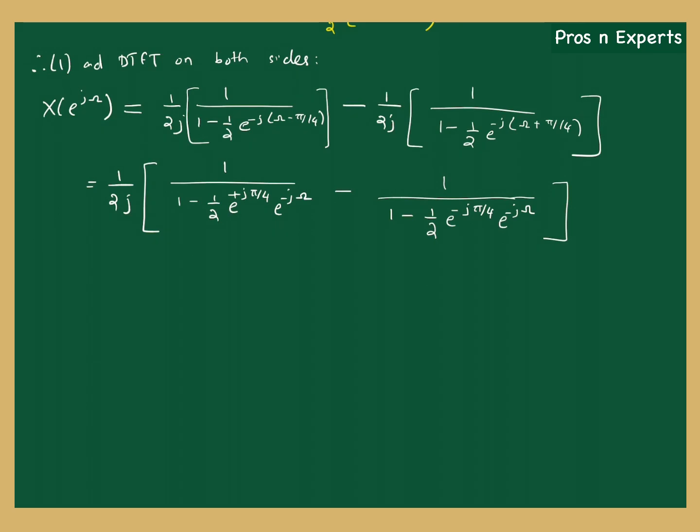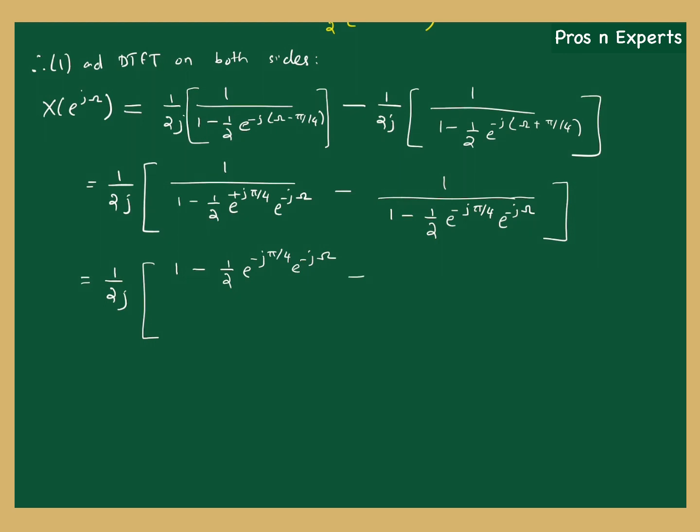Okay, now let us take the LCM and simplify. So this thing becomes 1 minus half e raised to minus j pi by 4 e raised to minus j omega, right? I have taken this term to here, cross multiplication. Likewise, I will do this term to here, minus of.